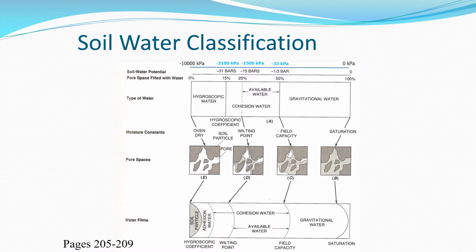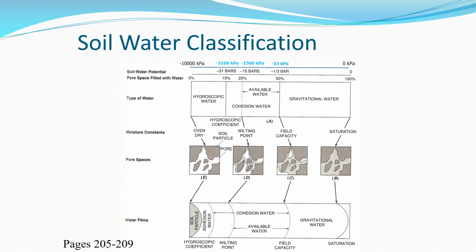So as we talk about moving water through soils and we're discussing the various soil water potentials, I just wanted to remind you that gravitational water occurs at saturation, and matrix potential occurs at unsaturated points.